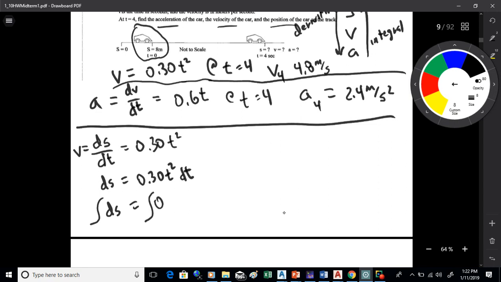And the way you add stuff up is with an integral. Okay? So that's the step you want to get to, and your intent is to get to a relationship between s and t. Right? That's what we're after. So are you all okay with that?